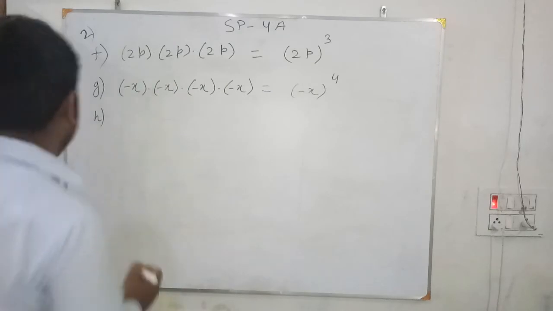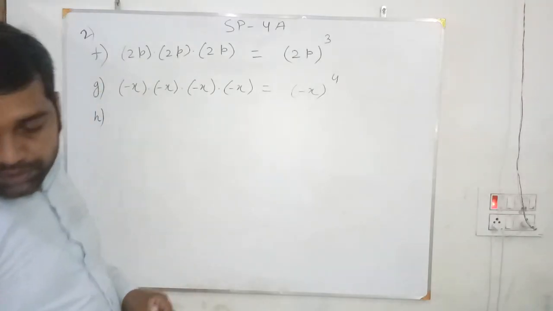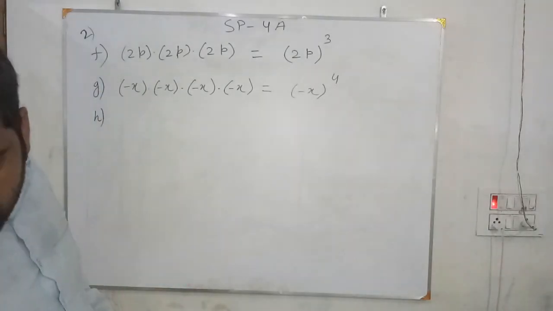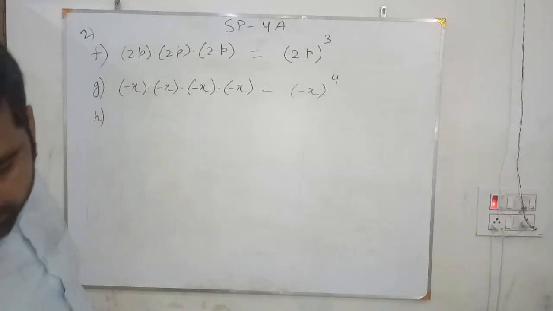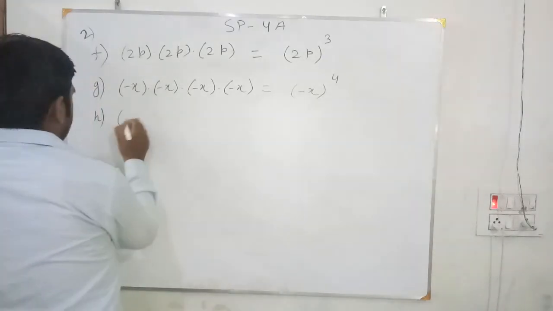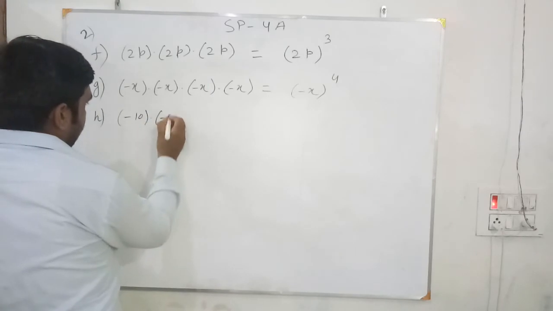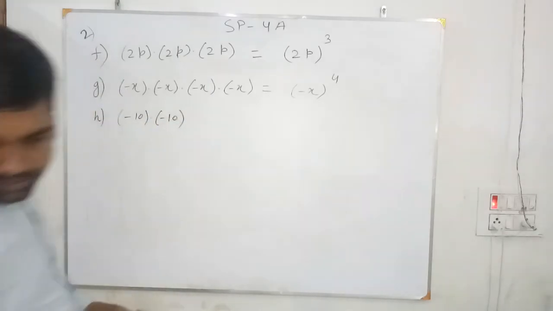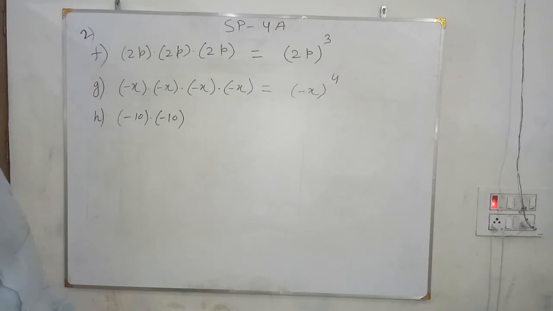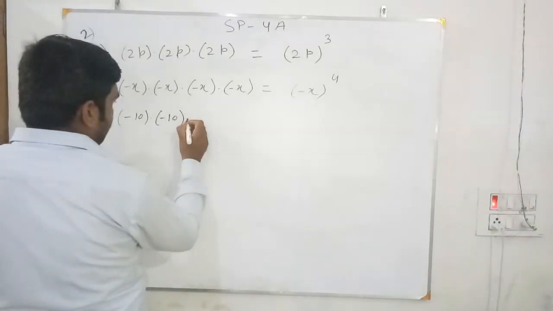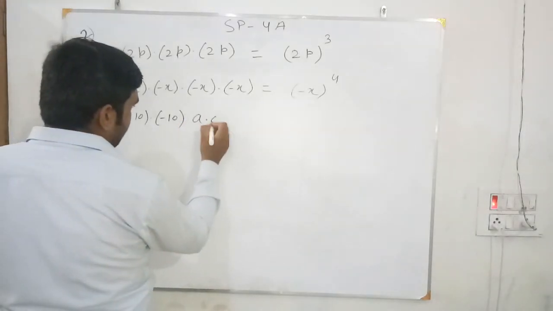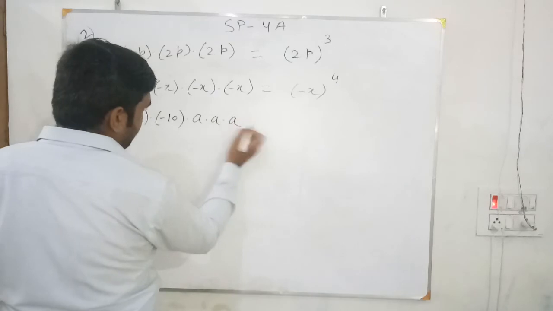In question number 2h, the base is minus 10. So minus 10 multiplied by minus 10, and after that a multiplied by itself 3 times: a times a times a.